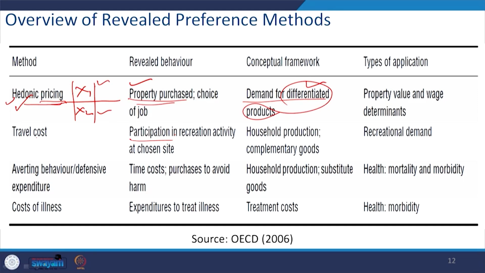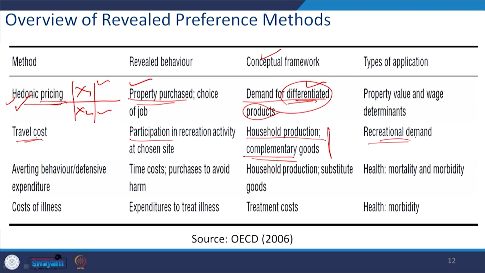As for the conceptual framework, it adapts the household production approach, which we have already discussed, and it is not dealing with differentiated products, but rather complementary products. We will discuss how travel cost deals with complementary products. Generally, its application is to recreational demand, in order to find the recreational demand of consumers.